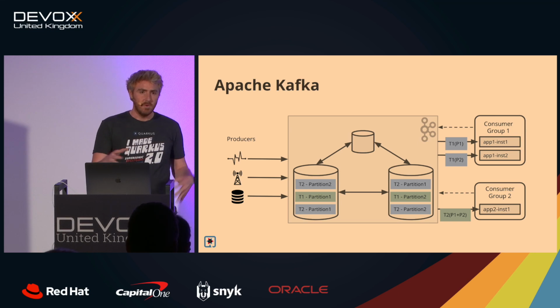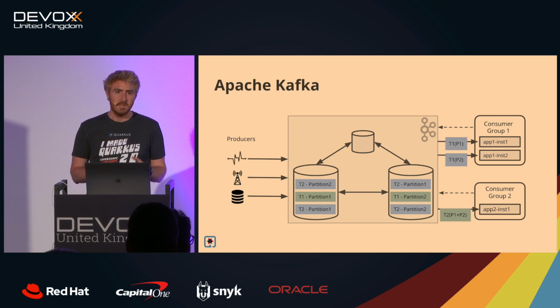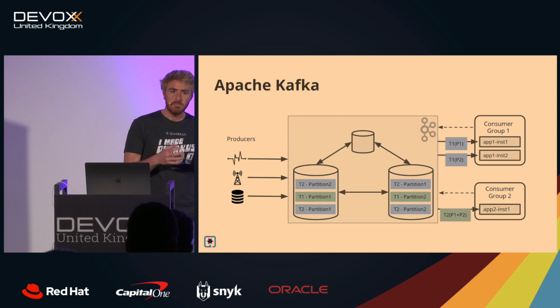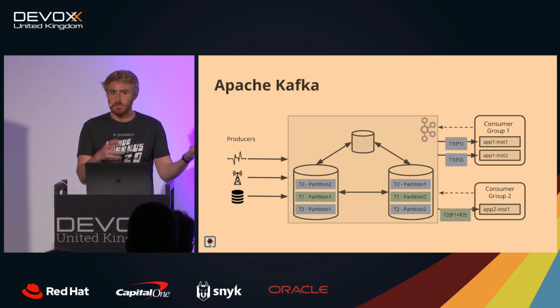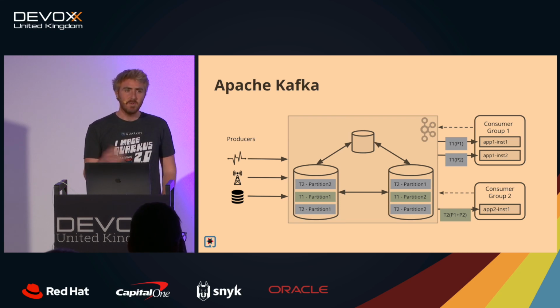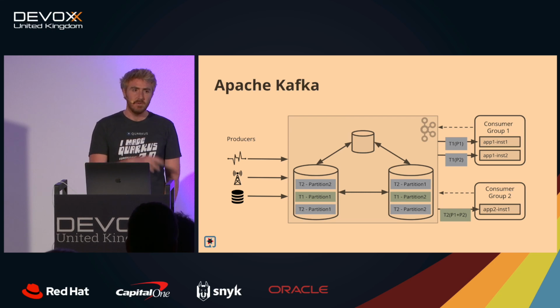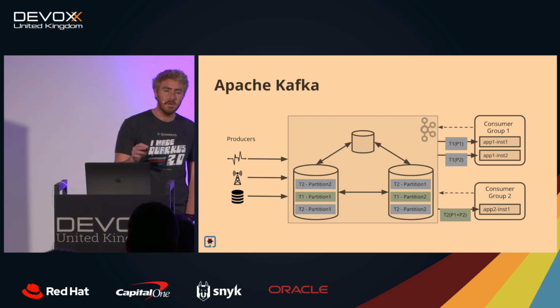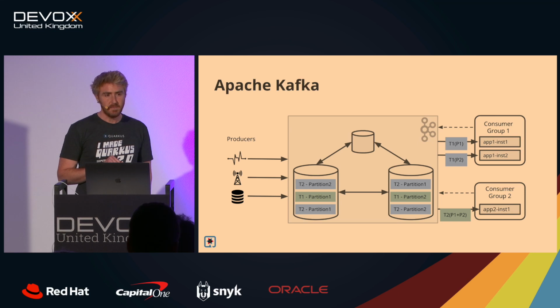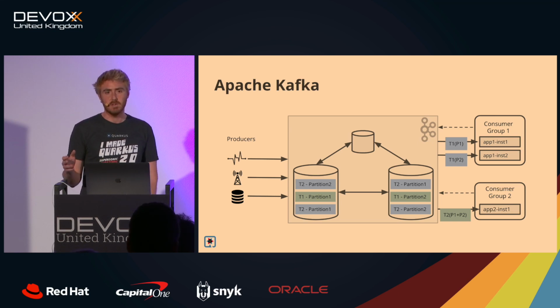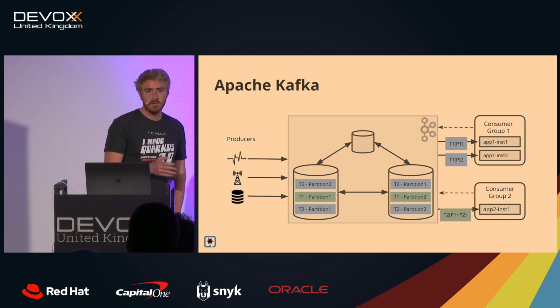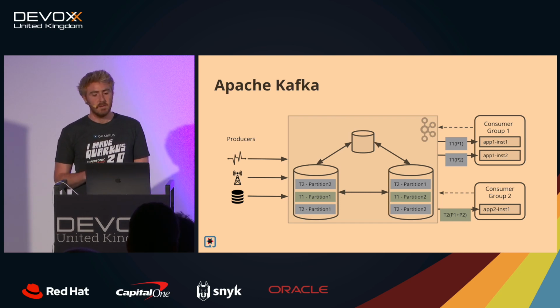So each log file, each topic in Kafka, is partitioned into topic partitions. And those partitions are replicated around the Kafka nodes. And consumers read those topic partitions from their start or from any given offset.